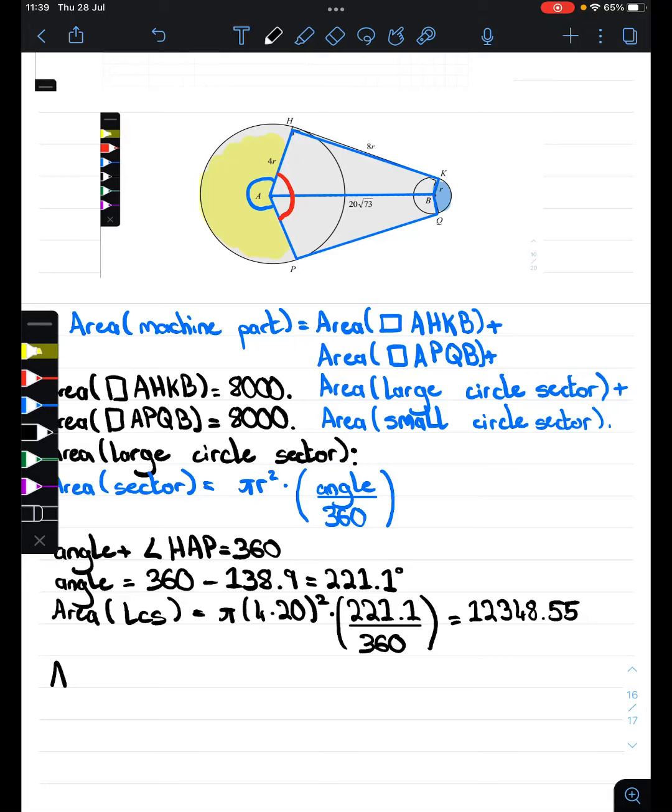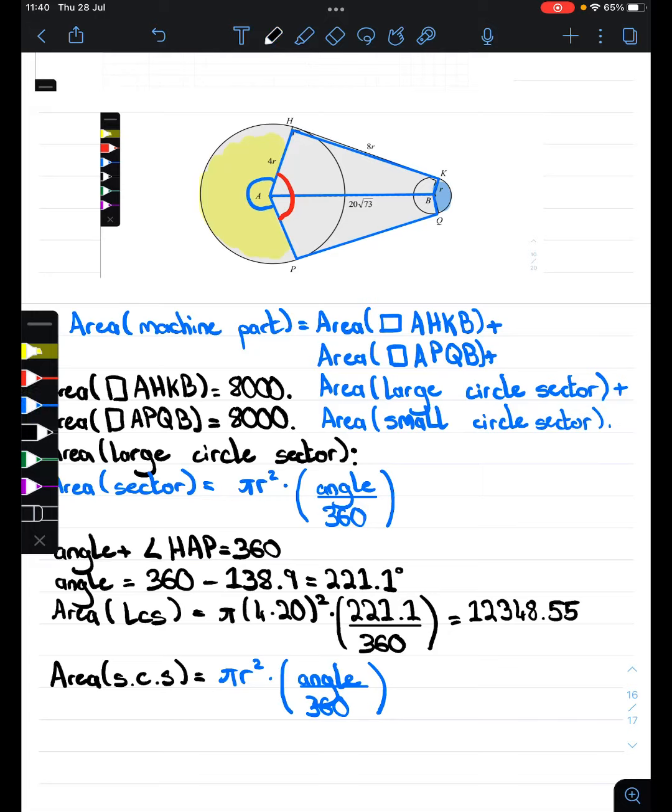Now onto the area of the small circle sector, let's call that SCS. Again, we have our formula pi r squared by the angle over 360.